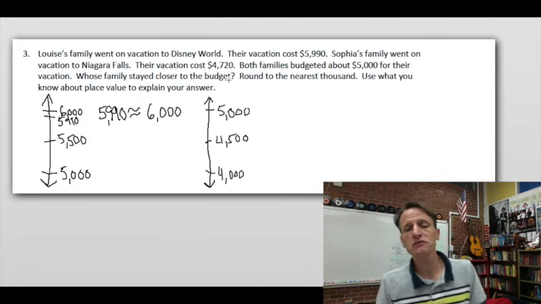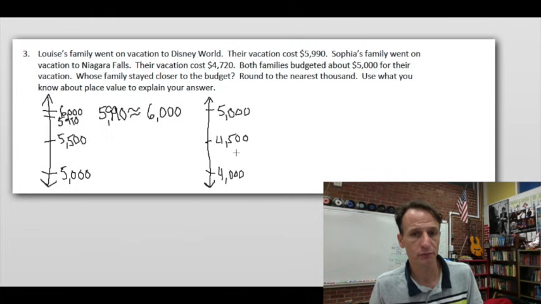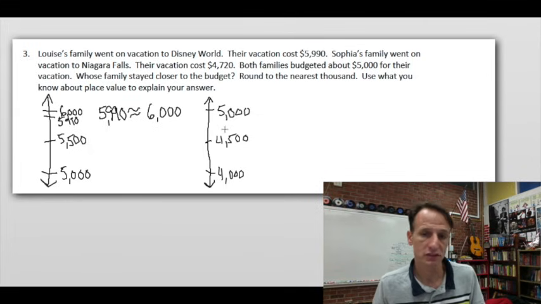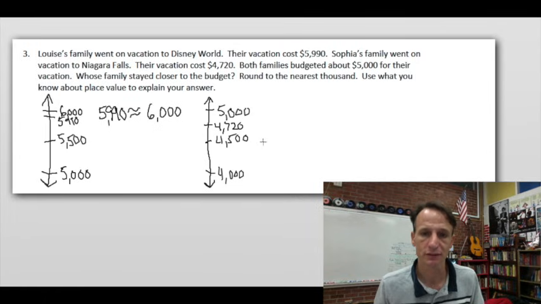And now where would 4,720 fall? Well, is 4,700, let's just look at it to that point, is it more than 4,500 or less? 4,700 is more. In fact, it's almost halfway between these 2 points here. So 4,720 falls here.